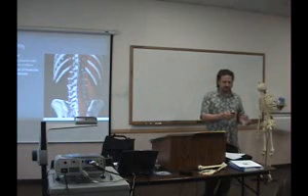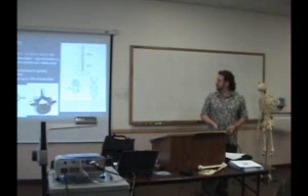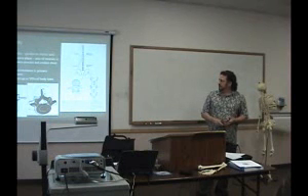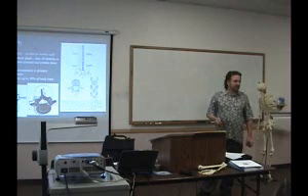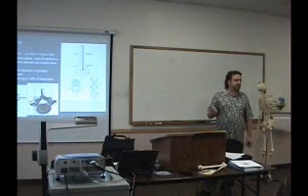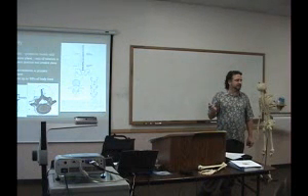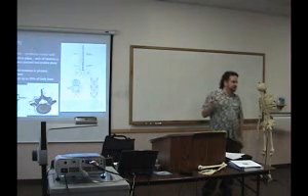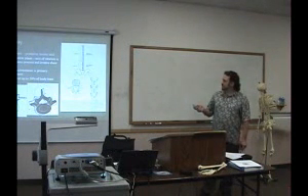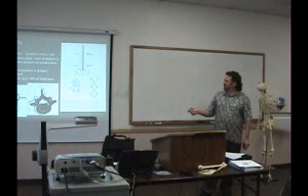And then again, here we're talking about the facet joints, and what part of the motor unit are they? Posterior. And then how do they get affected? By extension. Okay.